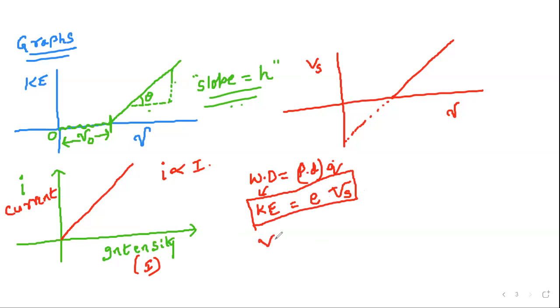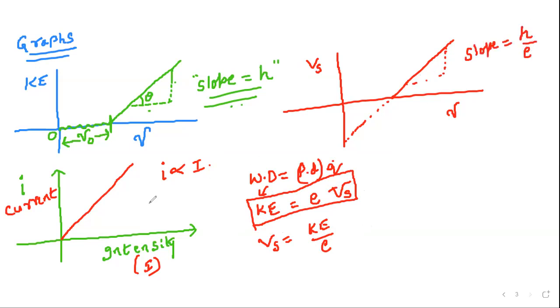Or what I'm going to write: stopping potential is nothing but whatever kinetic energy we have divided by e. Kinetic energy divided by e represents the stopping potential. So for this case, if you find the slope, the slope is not going to be only Planck's constant.